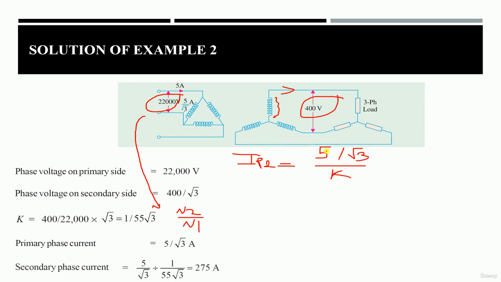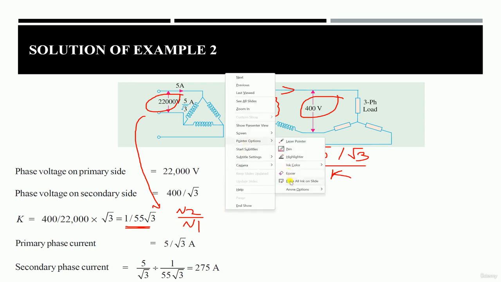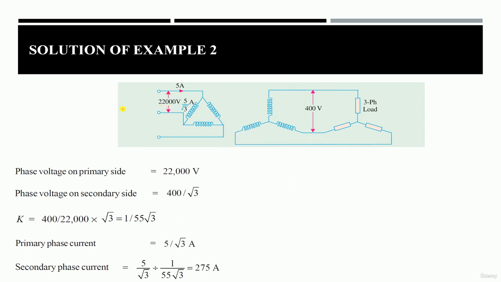So as you can see, 5 over root 3 divided by K gives us 275 ampere. In order to make sure that you are solving the problem correctly, look here carefully: we started with 22 kilovolt as a phase voltage. Since this is a step down transformer, the phase voltage became 400 divided by root 3.